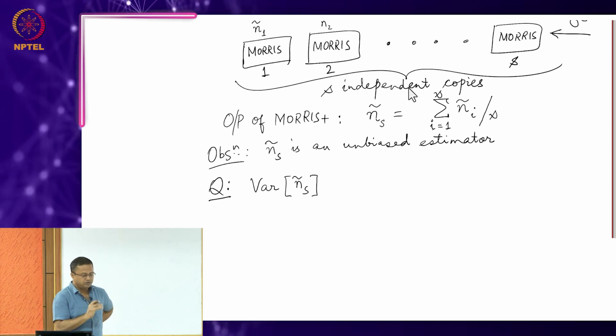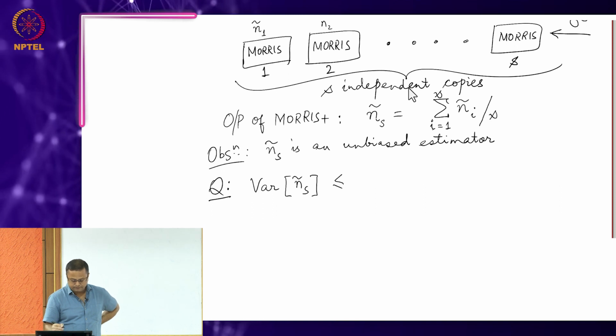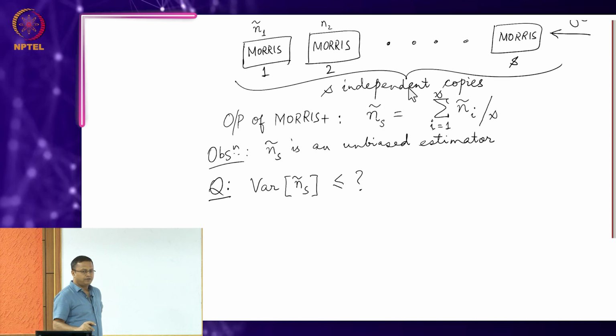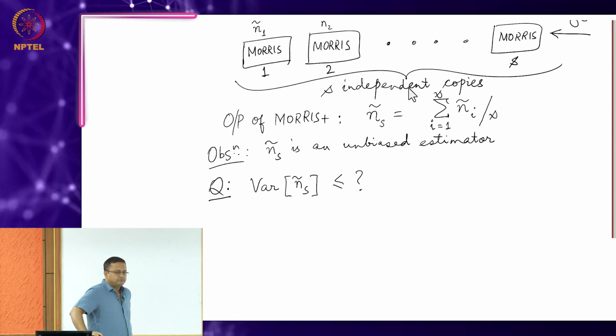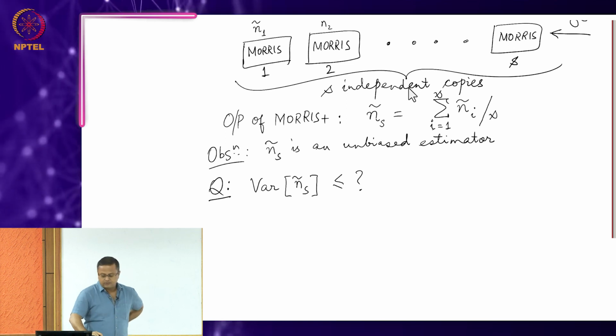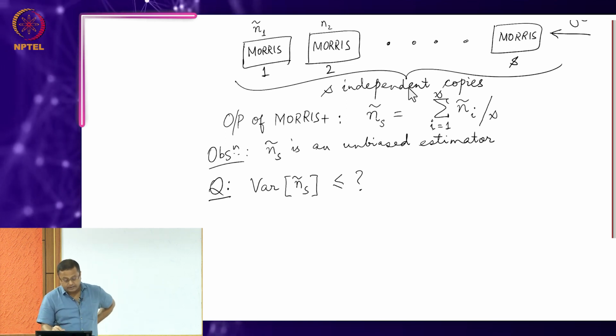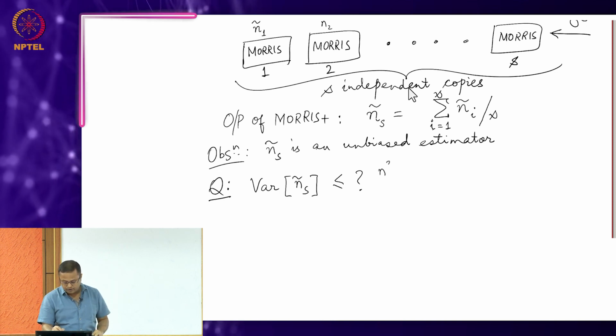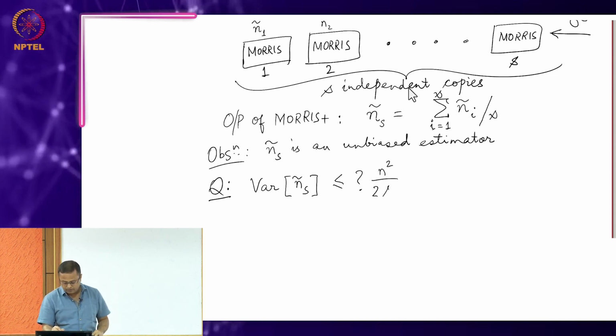Anyone got the result? What should this be? Yes. So that is what we proved in the last lecture, it was n square, right? So I have it to be n square by 2S.